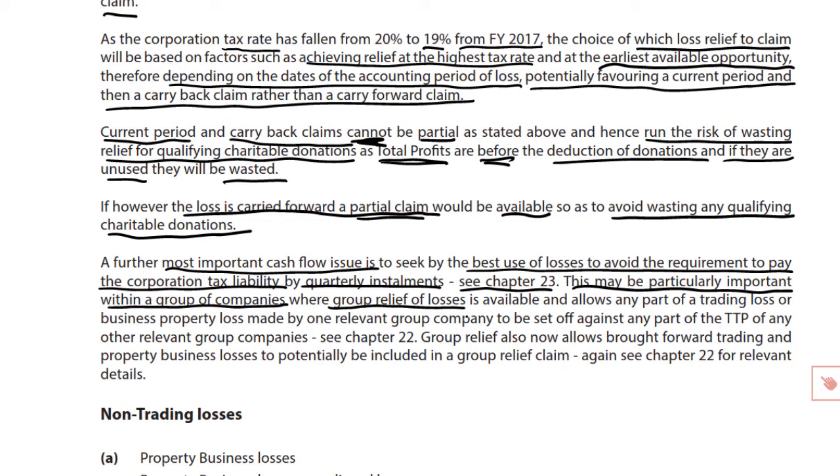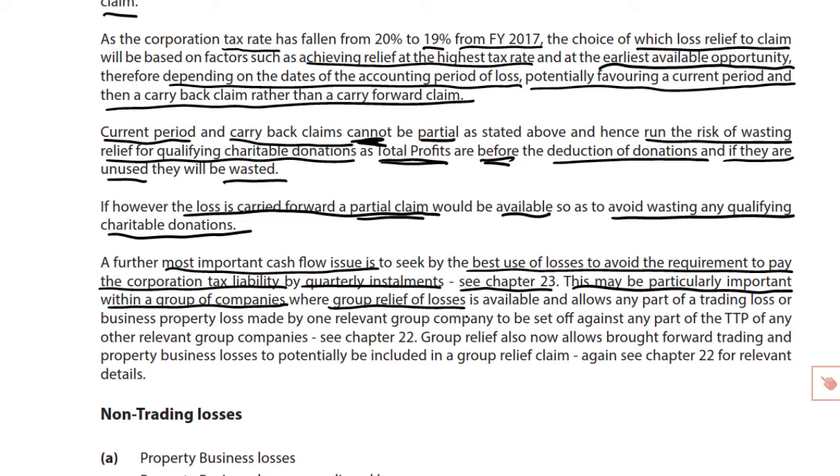It's a simple idea that one company making a loss within a group, instead of only being able to use its own loss against its own total profits, may choose to surrender some part of that loss. Yes, we can make partial claims with group relief; we could surrender some part of that loss to a fellow group company.